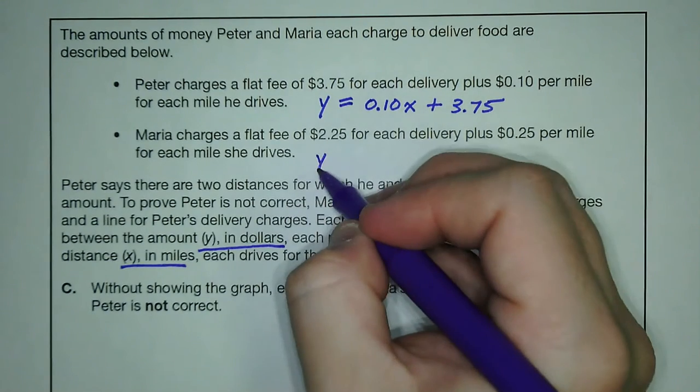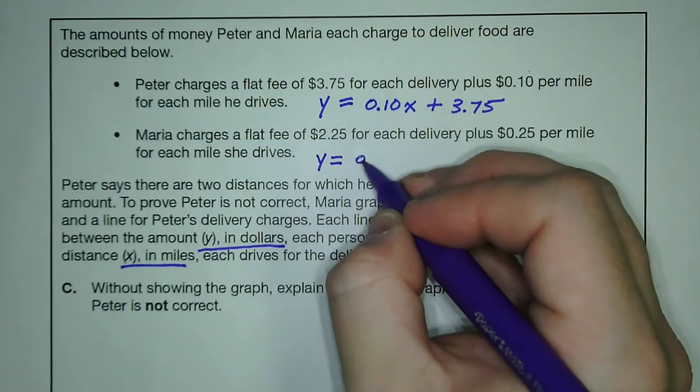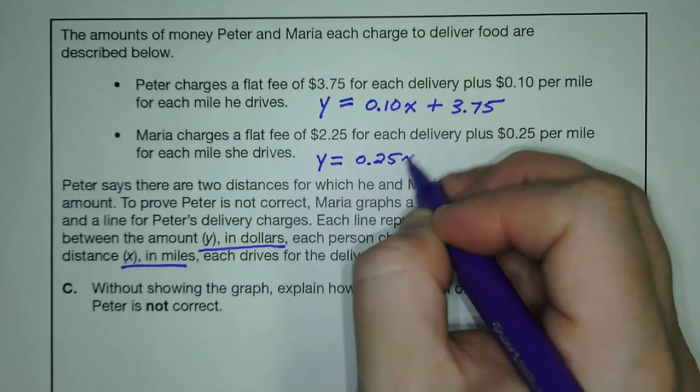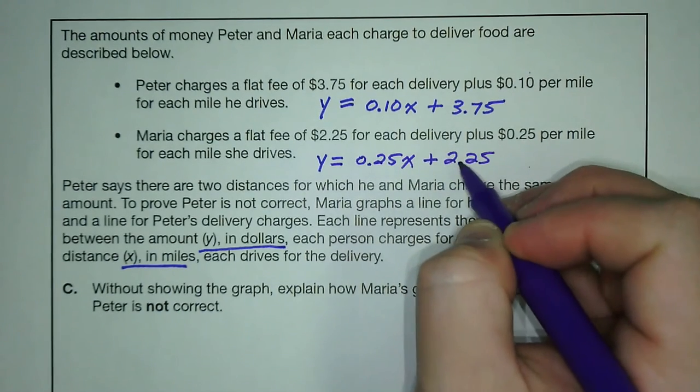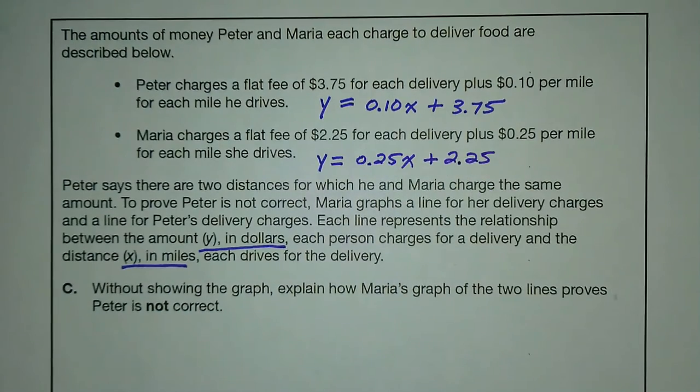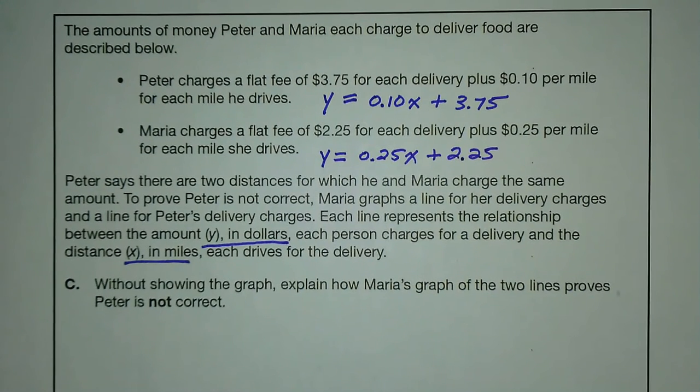For Maria, it would be 0.25x plus 2.25. Now, here's what I'll say. If the question was just asking, hey, for what number of miles would Peter and Maria charge the same amount? If that was the question, which is a very common question.